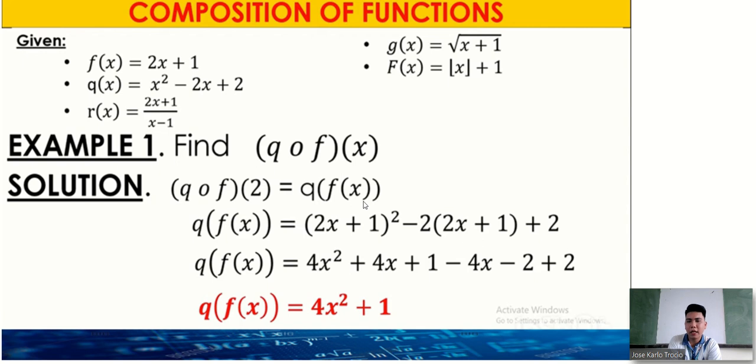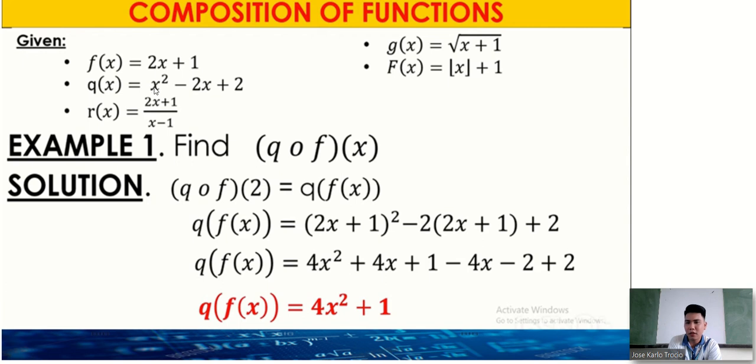As you can see, we just directly substituted the value of f. Take note, this is the small letter f, which is 2x plus 1. So 2x plus 1, we're going to have this squared. 2x plus 1 is from here, and then it is substituted to this x here.